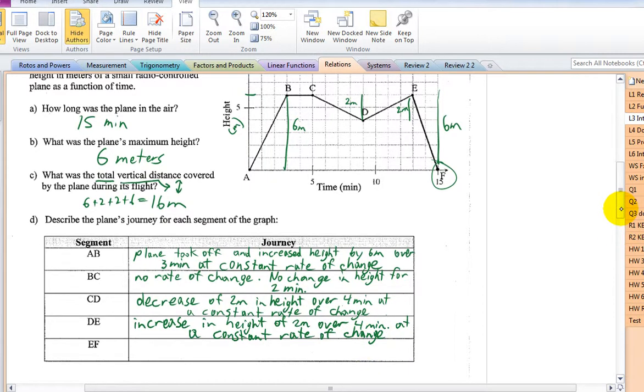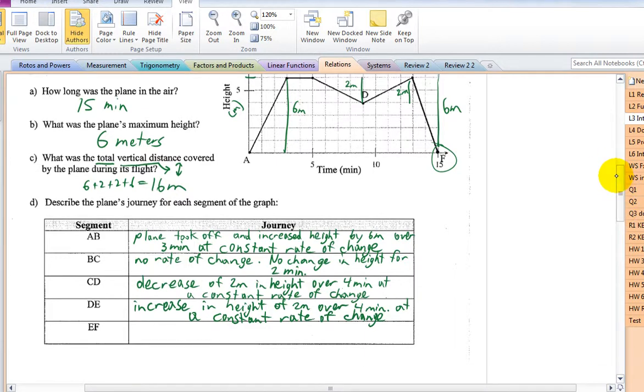And our last segment, E to F. What happened at this segment? The plane not ascended, but descended and landed, so there's a decrease of 6 meters over 2 minutes at a constant rate of change.